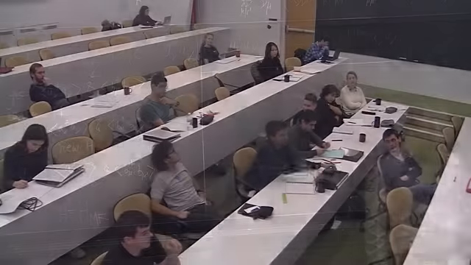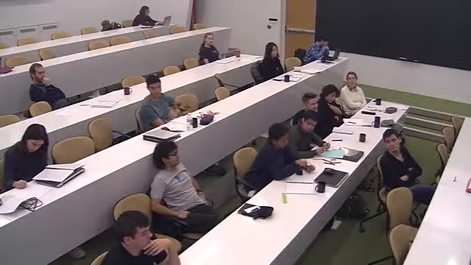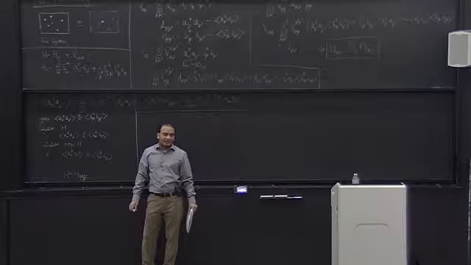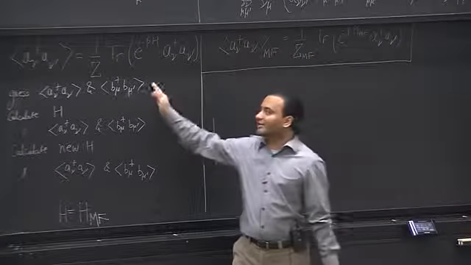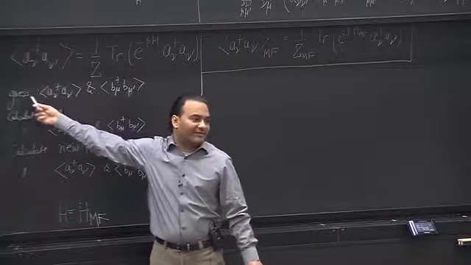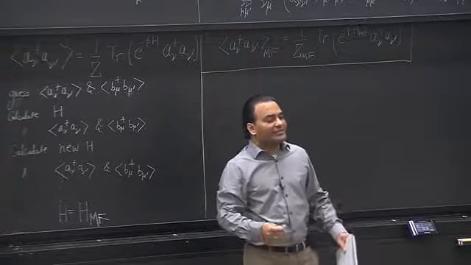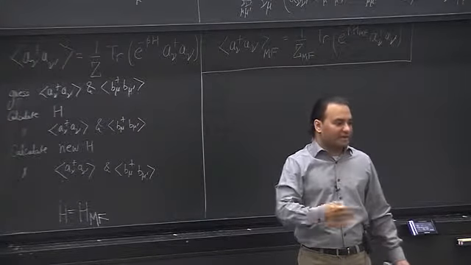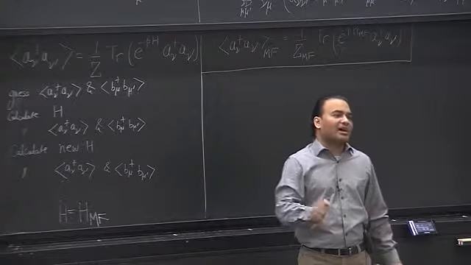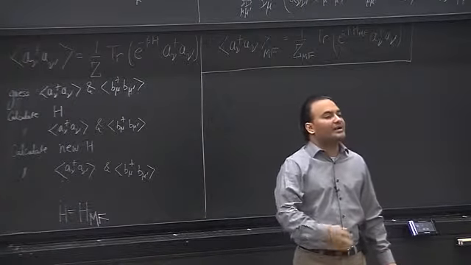Earlier you mentioned we were considering the temperature zero case, and now we have an explicit beta in the trace. Does the situation simplify if we just put beta to infinity? Yeah, so I just wrote this down as a general definition of how to calculate an expectation value. In general you can include the effect of temperature, but the zero temperature case is a bit easier.